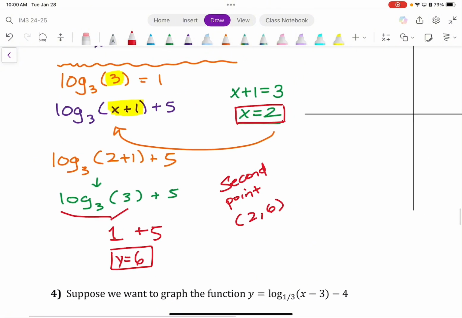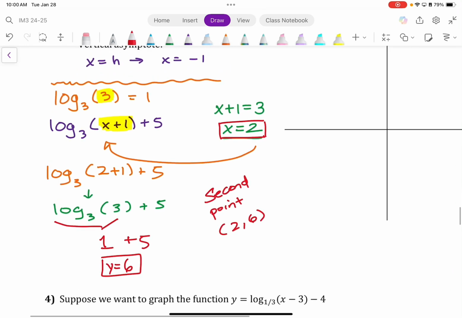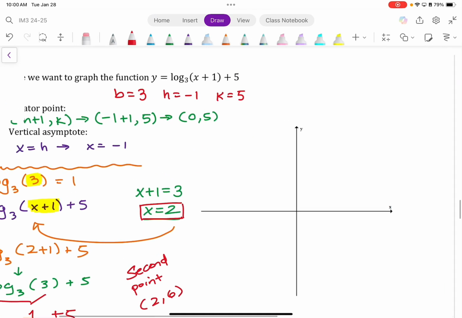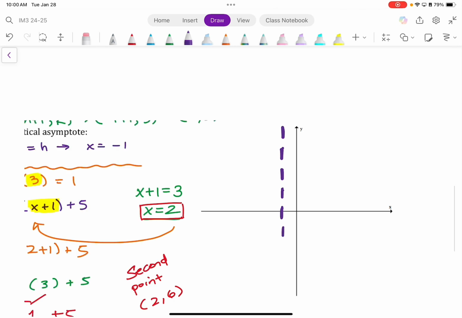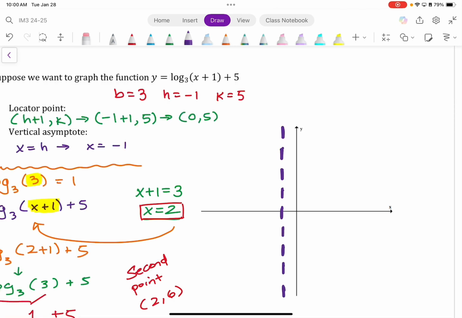Okay. So now we have everything we need. Does anyone need this, or can I scroll away? All right. So let's begin then by doing the vertical asymptote first. Straight line through x equals -1. Next, we're going to do our locator point through 0, 5, which would be up here somewhere.